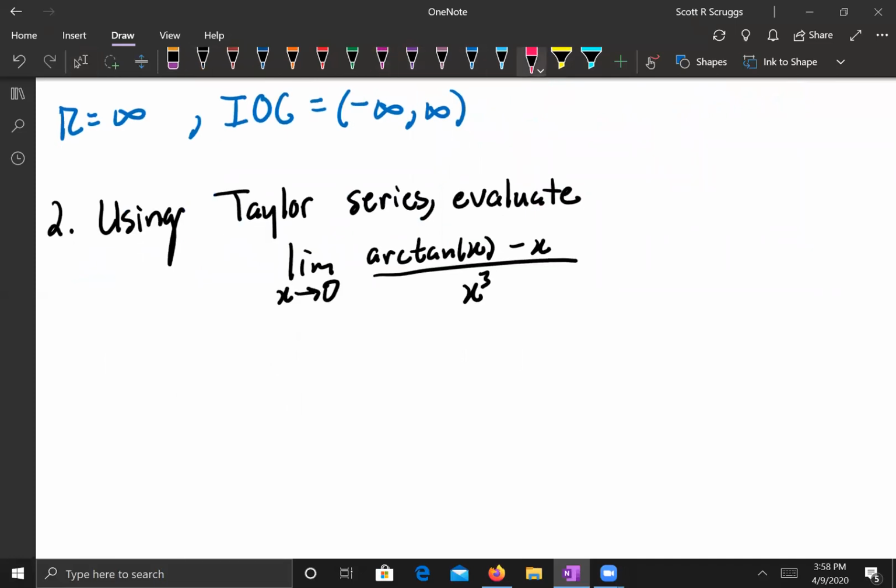And again, I want y'all to try to do that with Taylor series, not with L'Hopital's rule or anything like that. The goal for this problem is to figure out how I can use Taylor series to evaluate that limit. I'll give y'all about 10-ish minutes to work on it before we go over the solution. And if y'all have questions, again, post them on the chat or unmute your mic and ask me a question.